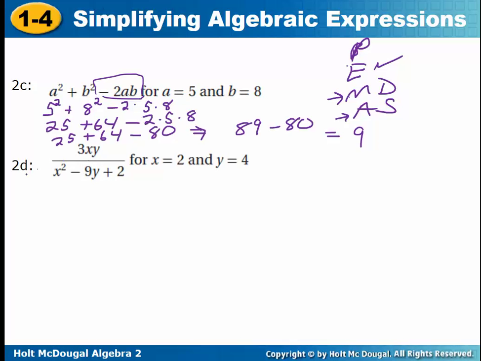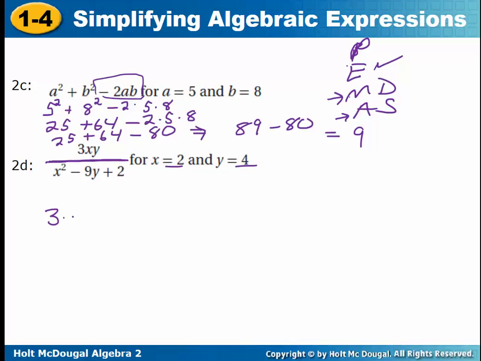All right, and then the last example of this type of problem is 3xy over x squared minus 9y plus 2. We'll replace all the x's with 2's and all the y's with 4. Now this is a division sign, but it's also a fraction bar, and it's also a grouping symbol.